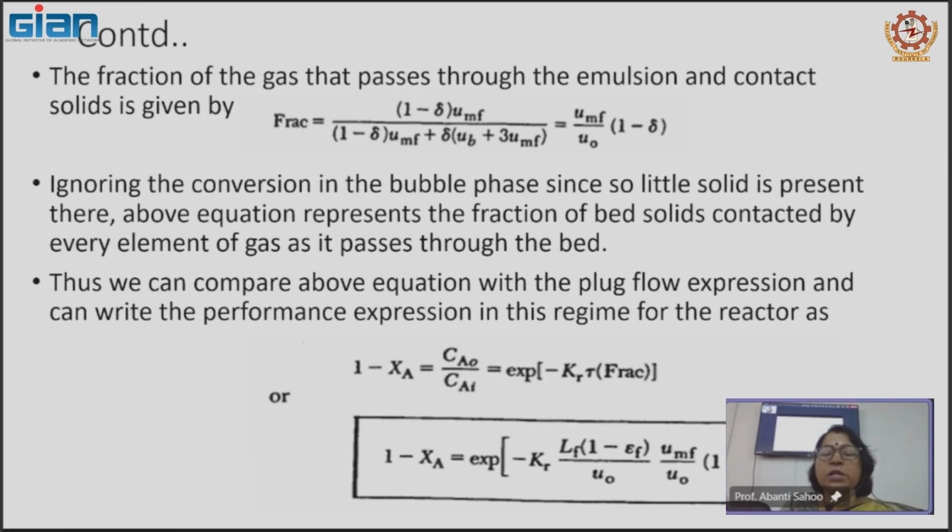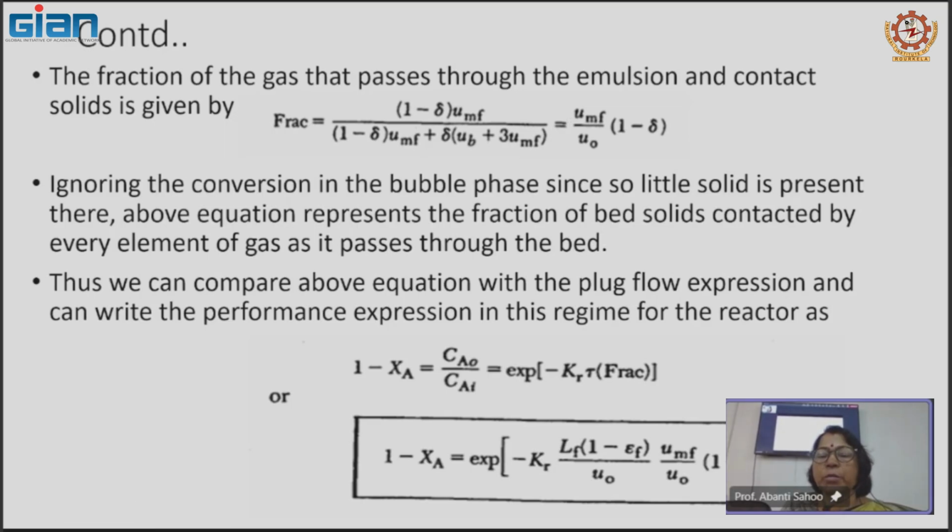1 minus XA is exponential minus Kr, and in place of tau, as it is the volume of the solid particles divided by the superficial velocity, it is LF 1 minus epsilon F by U0 into UMF by U0 into 1 minus delta.